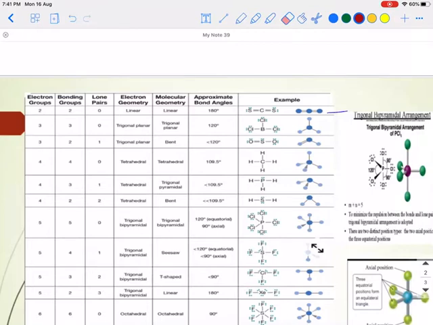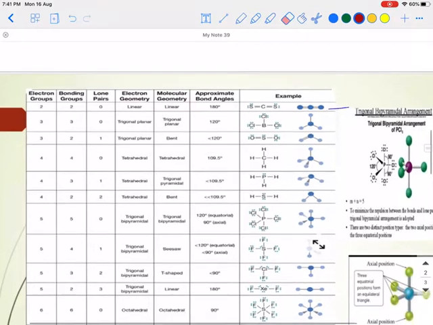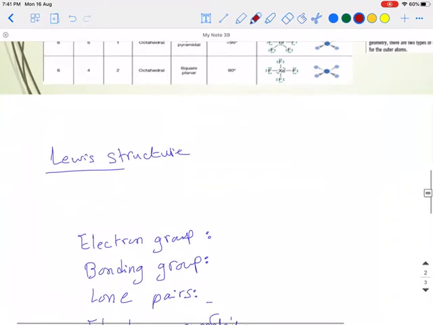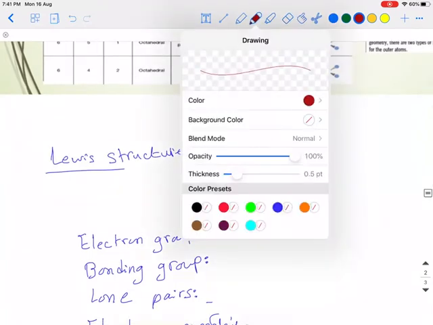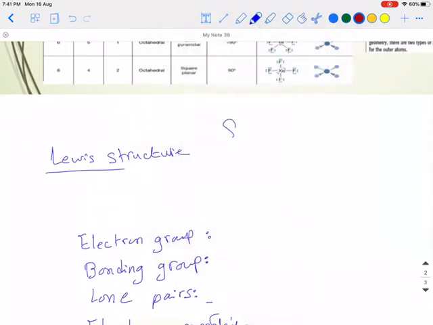Now we want to take the SO2 example. As usual, we will draw it according to Lewis. Sulfur belongs to group 6, so it has 6 electrons in the valency, and oxygen belongs also to group 6, so also it has 6 electrons in the valency.